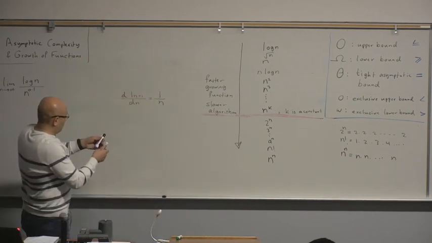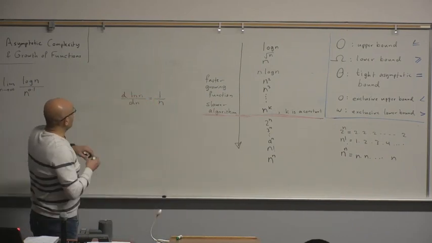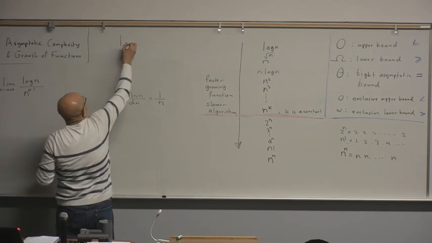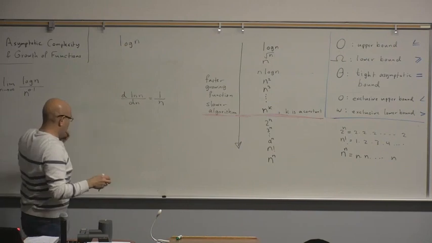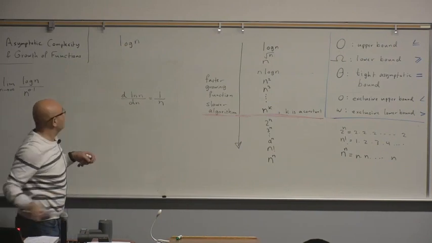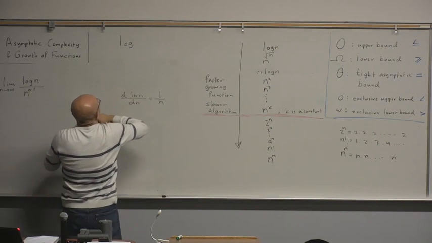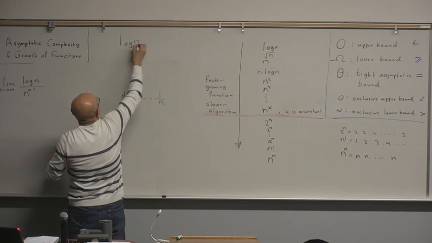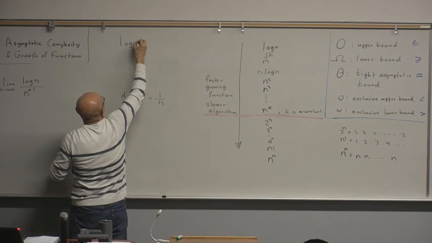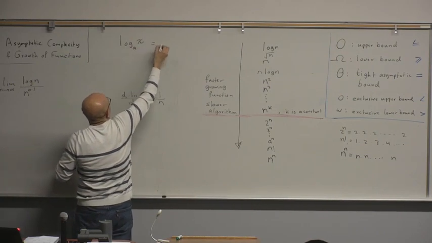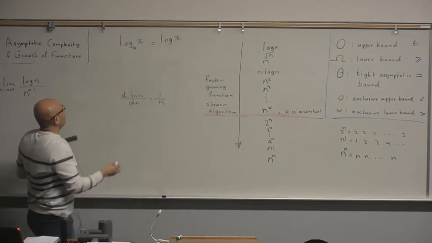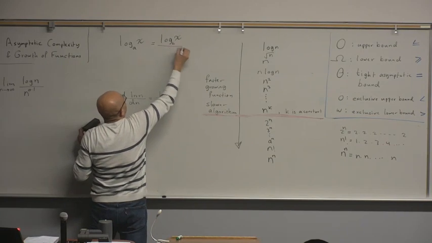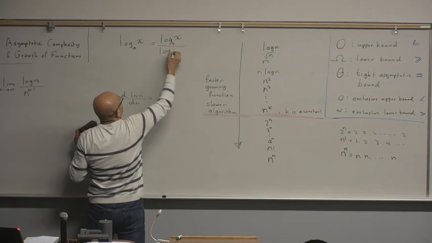So, for example, if you have log x base a, this is equivalent to log x to some other base, log x base b, divided by log a base b.